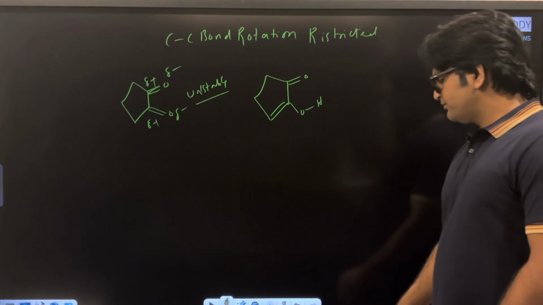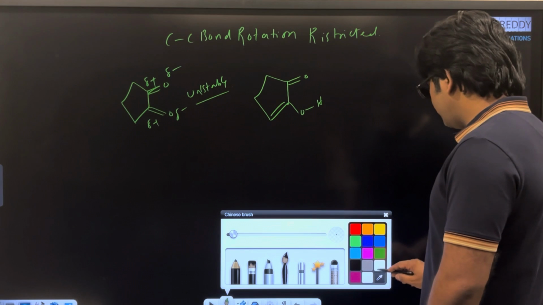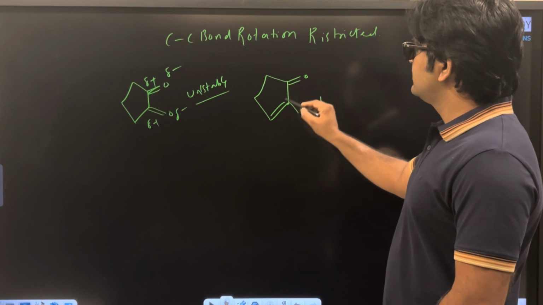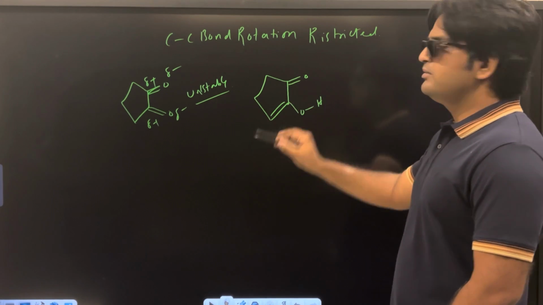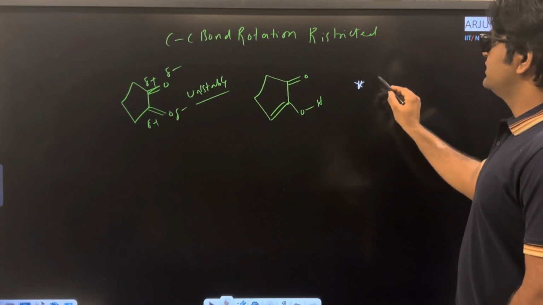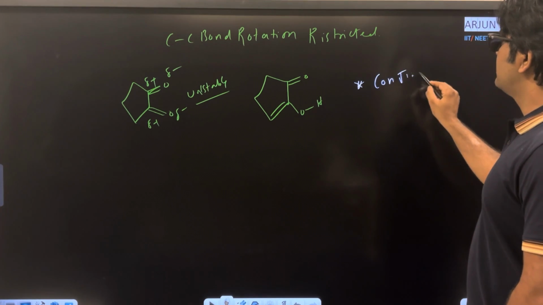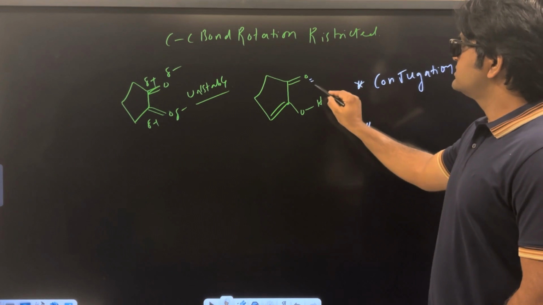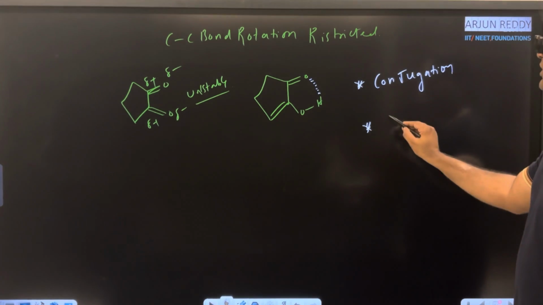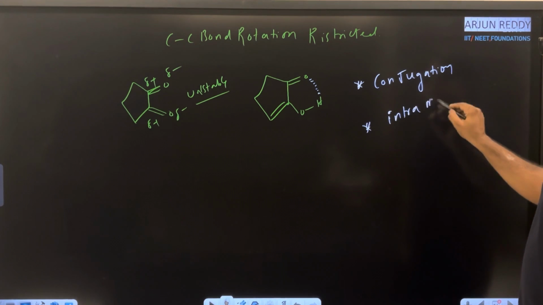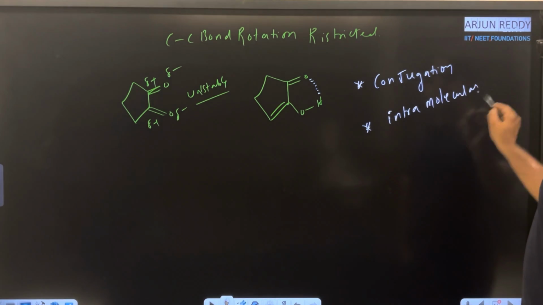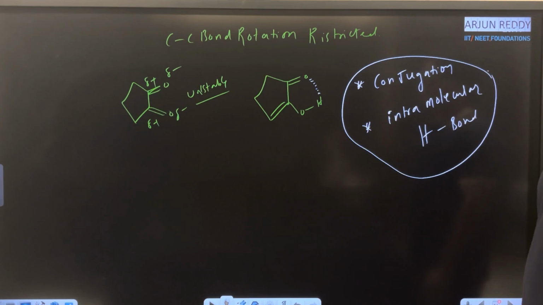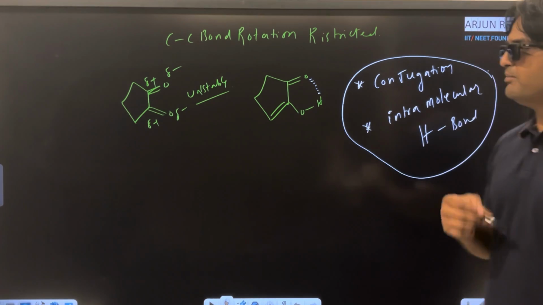After writing the enol form, just verify what the possible advantages are. First advantage, after writing the enol form, there is a conjugation, pi sigma pi. This molecule is getting extended conjugation. And what is the second one? There is a chance for hydrogen bonding, intramolecular hydrogen bond. Because of these two reasons, now your molecule is highly stable compared to the keto form.